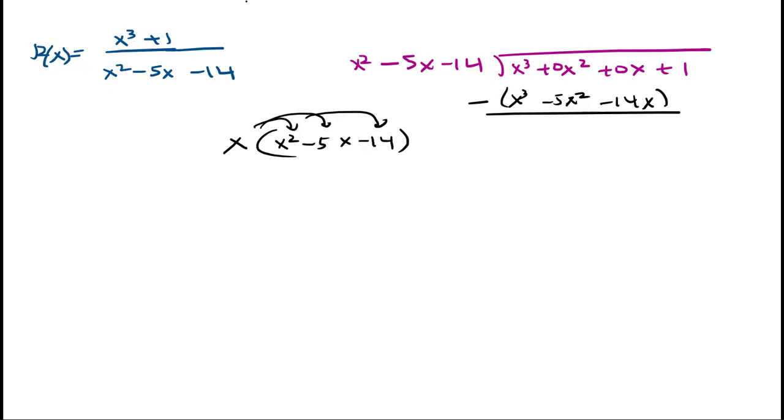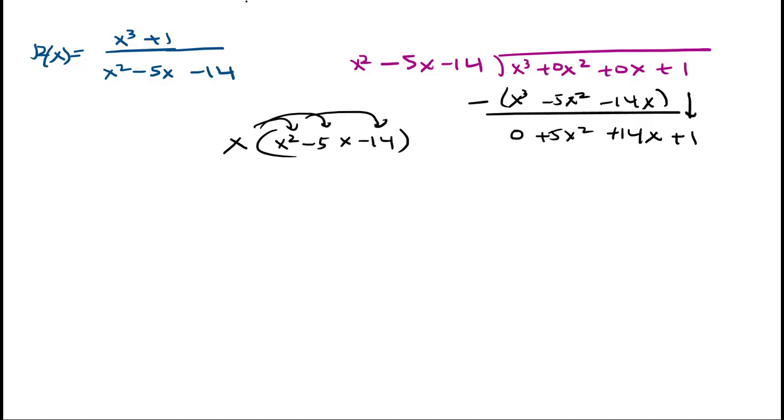All right, so when we have that, we get x cubed minus x cubed is going to give us 0. Then x squared minus minus is going to be a positive 5x squared. And 0x, again, minus minus is going to be a positive 14x. And then we'll bring down that 1.